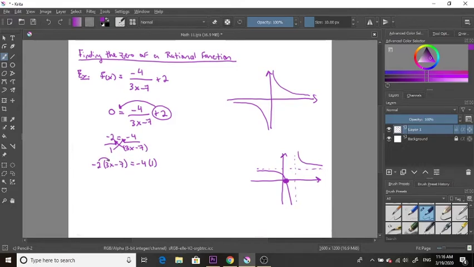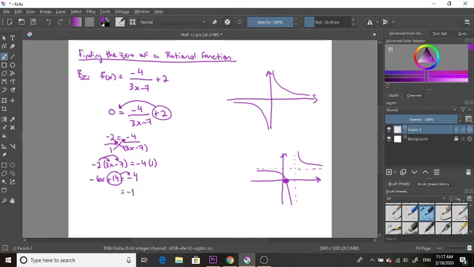So we multiply this in. Negative 2 times 3x becomes negative 6x. Negative 2 times negative 7 becomes positive 14. And negative 4 times 1 is negative 4. Now I'm going to bring the 14 over.